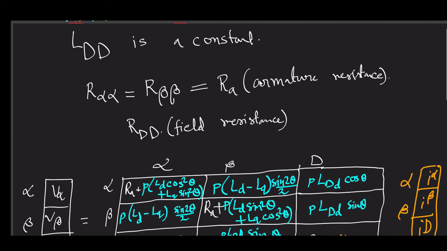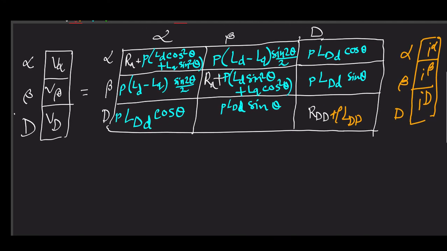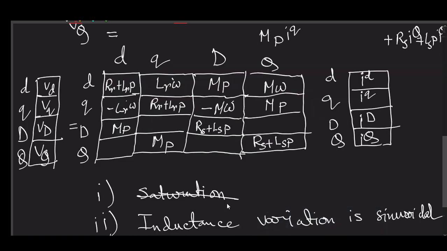For the field winding, the axes that are in quadrature have zero component in these two spaces, right?